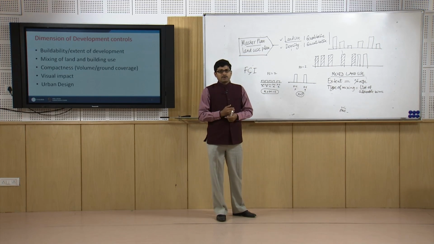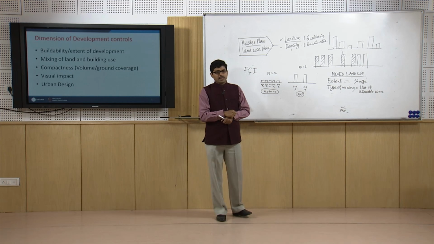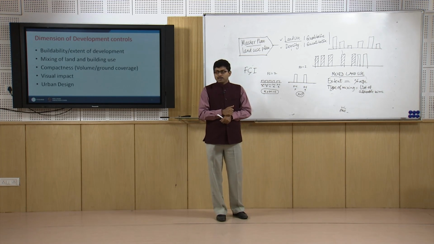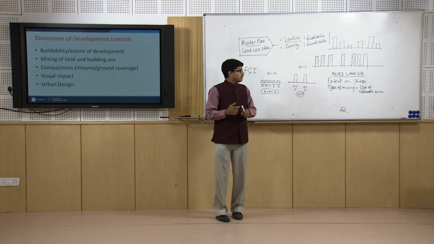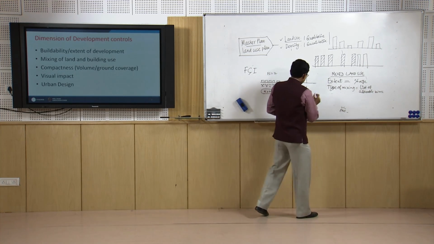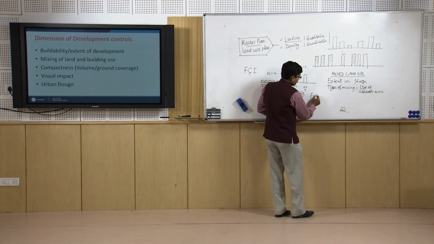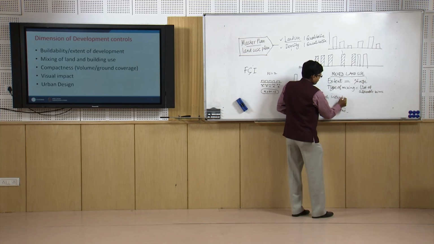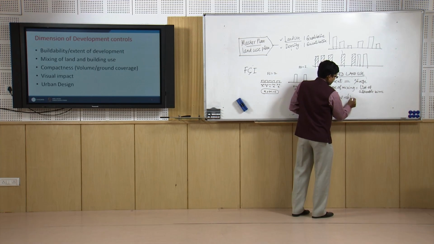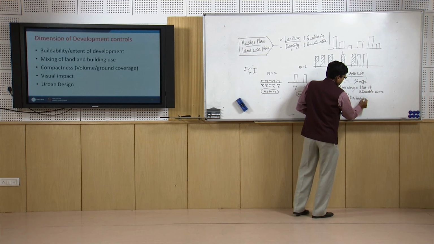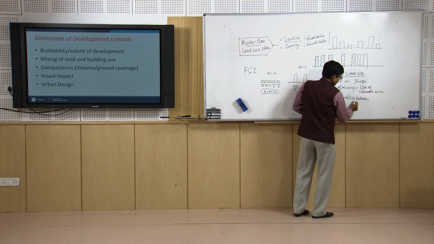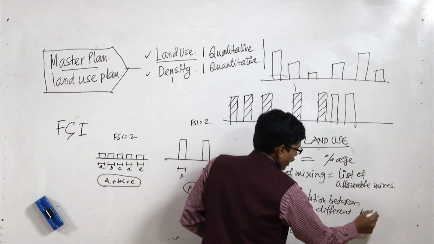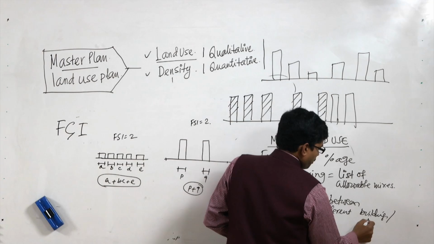That is the relation between the form and scale of the building and its color and texture. So in urban design, we basically establish visual relation between different buildings and also different plots.